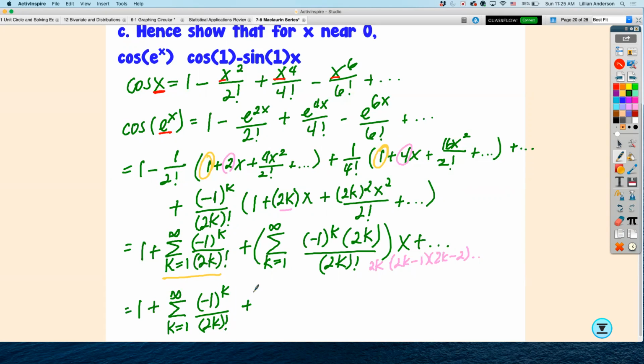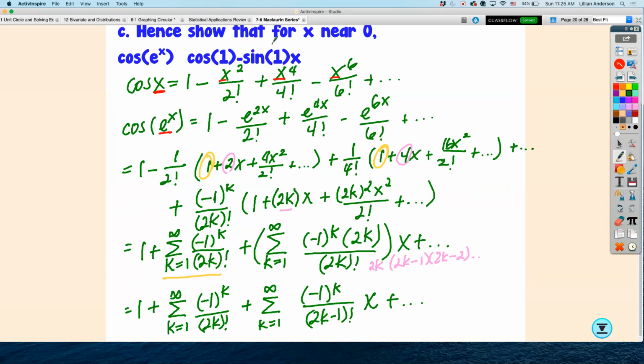And then to represent our second non-zero term, or when k is equal to 2, it's going to be the sum from 1 to infinity. Remember, not 0, because we've already taken care of that here. Negative 1 to the k power over 2k minus 1 factorial, because we canceled out our 2k's. And all that's going to be times x. It continues from there.